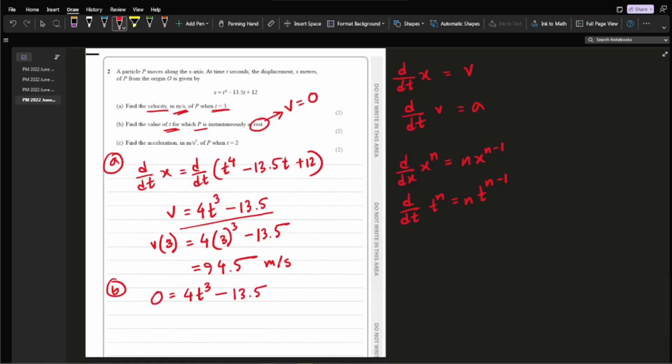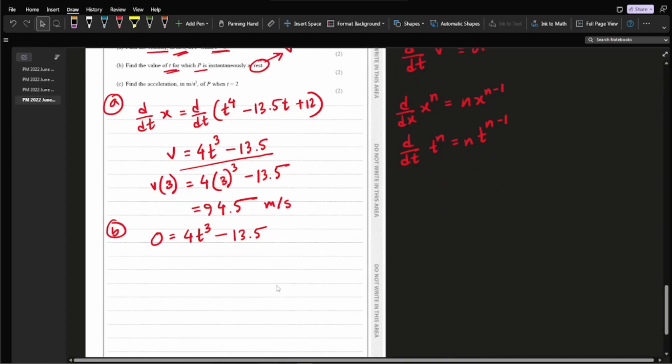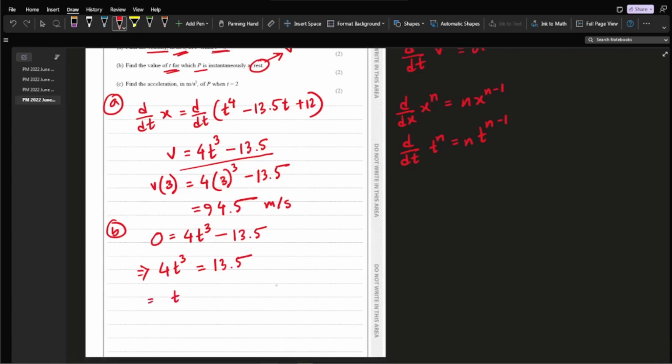So we just plug this equation into our calculator, or we can solve it manually. So 4t cube minus 13.5, if it comes to this side, it becomes 13.5 divided by 4, and if I take the cube root on both sides, I get this.